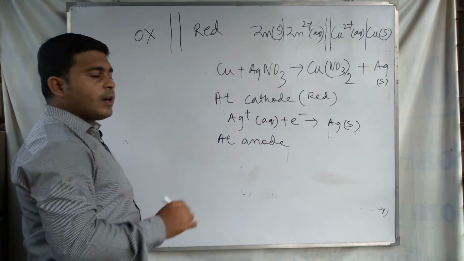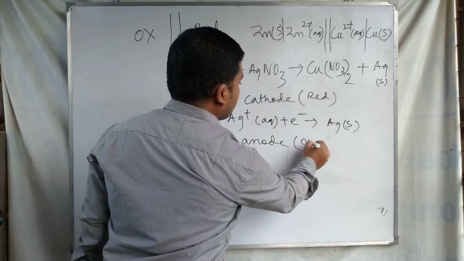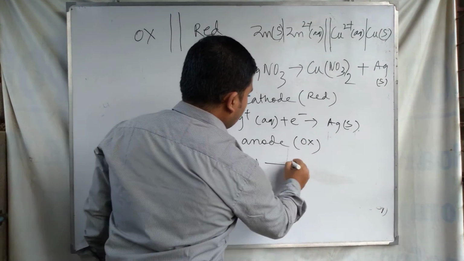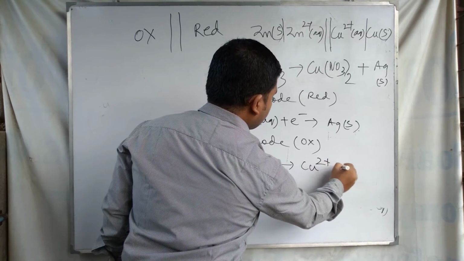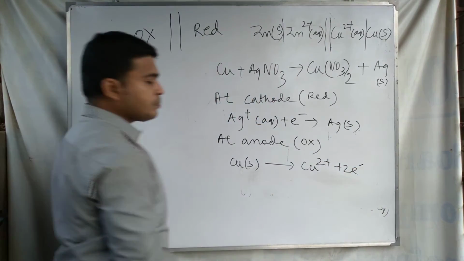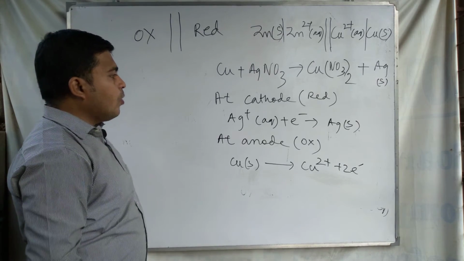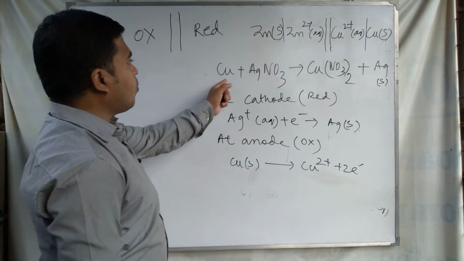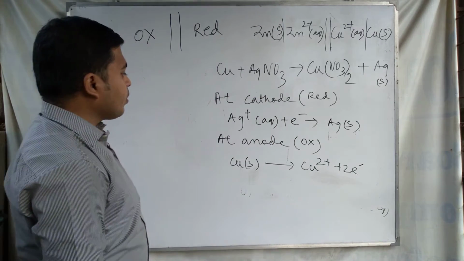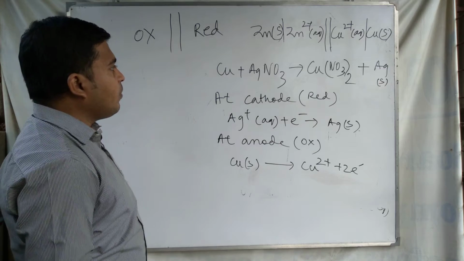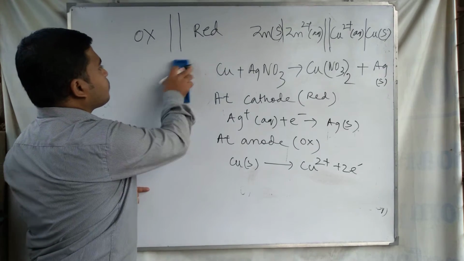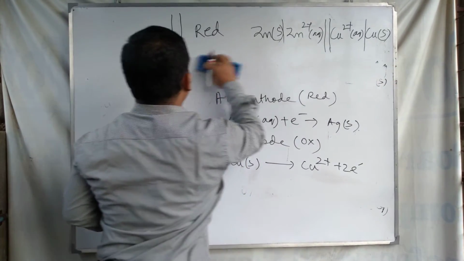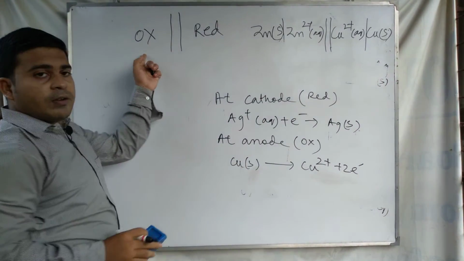At the anode oxidation takes place, and copper solid oxidizes to copper 2 plus plus 2 electrons. So we represent this cell, where the copper and silver nitrate reaction is occurring, with the oxidation half at the left hand side.